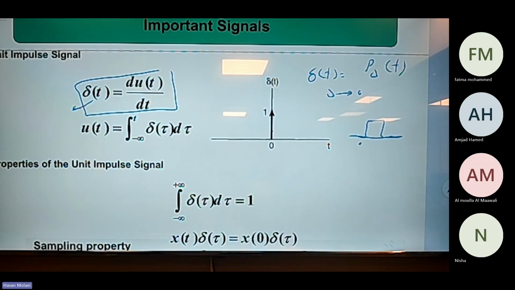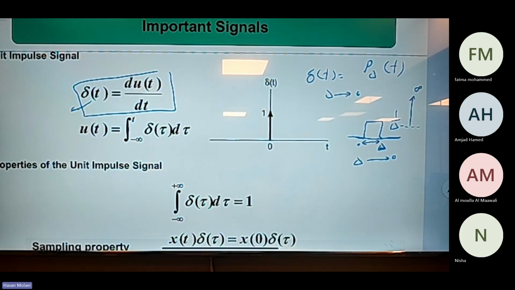It was between 0 and delta, and its amplitude was 1 over delta. When delta approaches 0, 1 over delta goes to infinity, and this time period goes to 0.